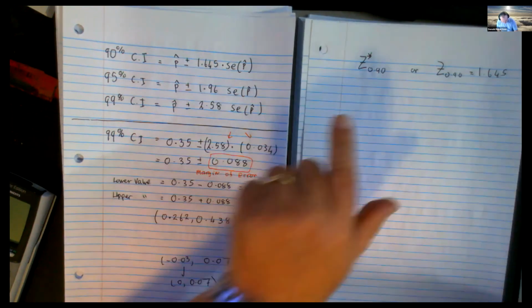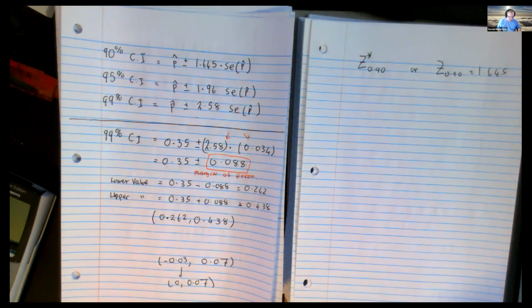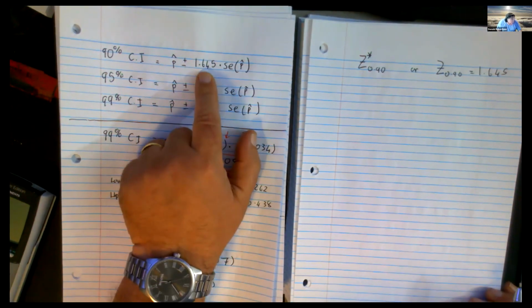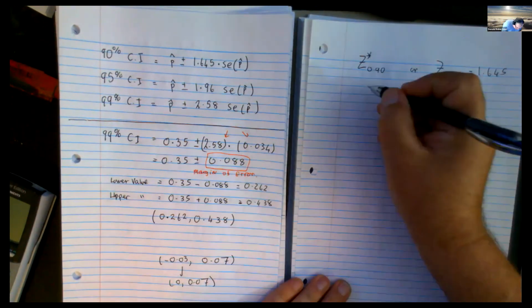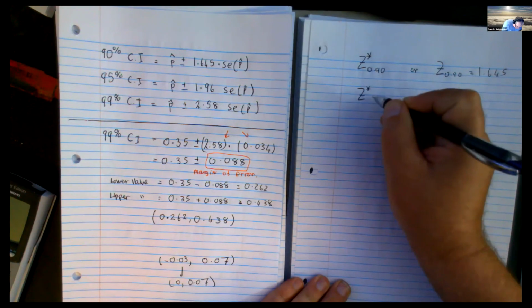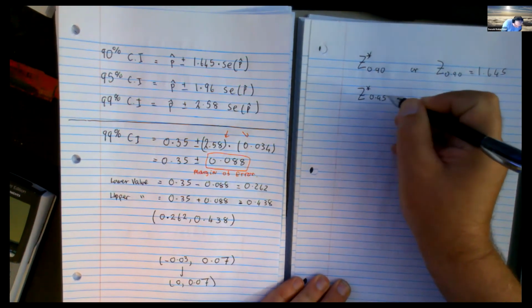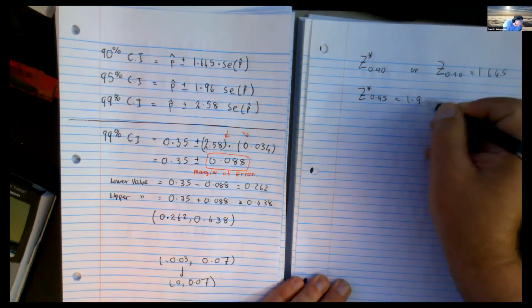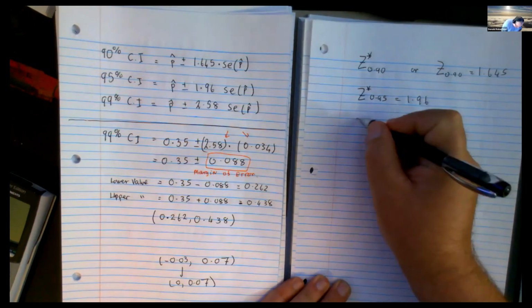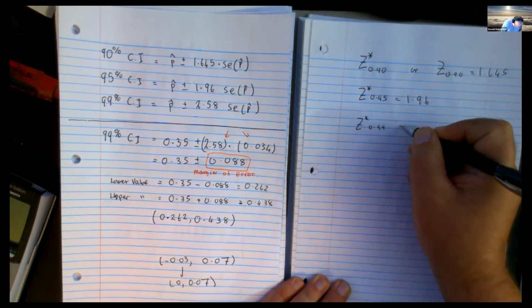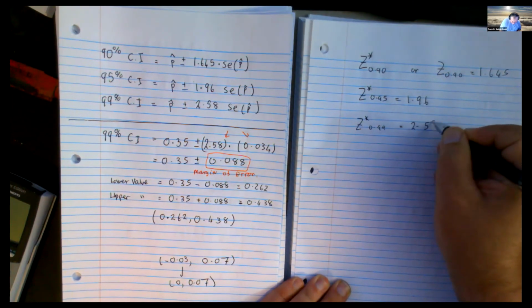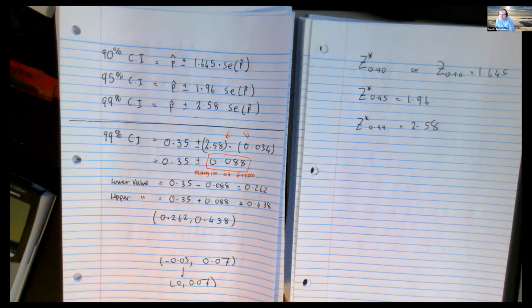And that Z star, or the Z 0.9, is the magic number that gives you a 90% confidence interval. So in the same vein, that guy is the 1.96 that they mention here, and that guy is the 2.58 that you do for a 99. So let's try and explain where they're coming from.